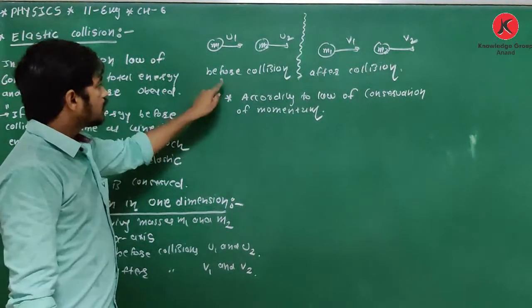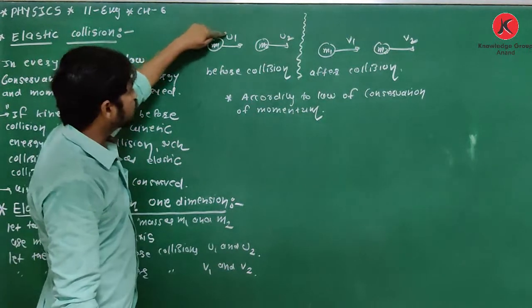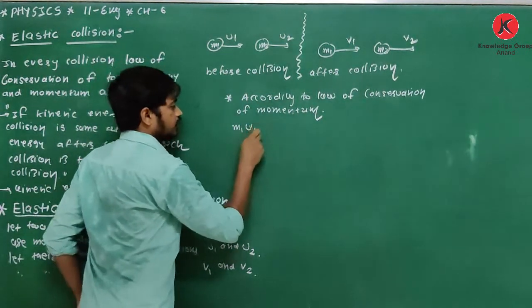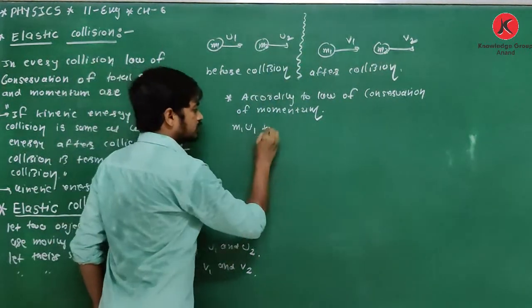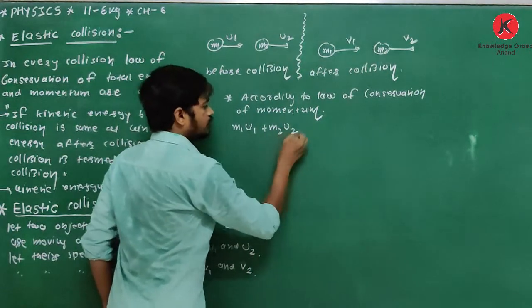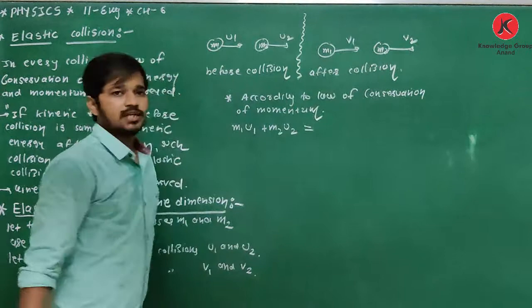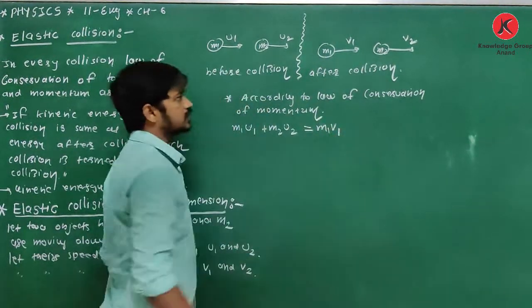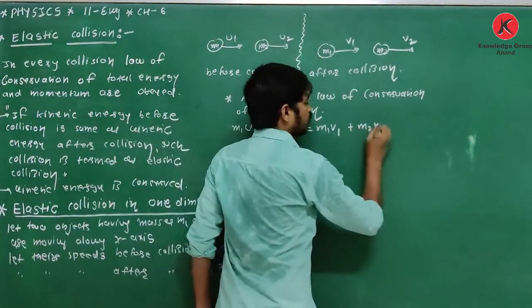So see, before collision, this m1 object is moving with speed u1, so its momentum is m1 u1. This object is also moving in the same direction, so its momentum is m2 u2. This is equal to, after collision, this object moving with speed v1, so it is m1 v1, and this object is moving with speed v2, so it is plus m2 v2.